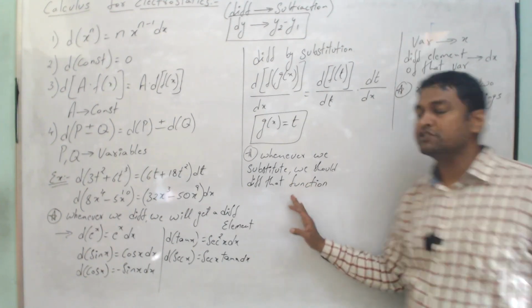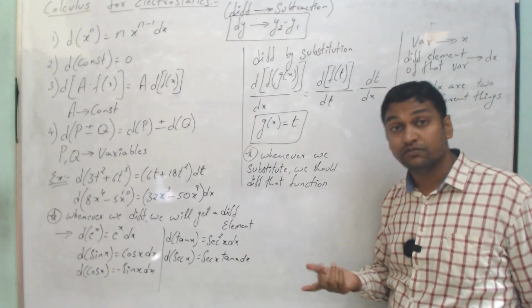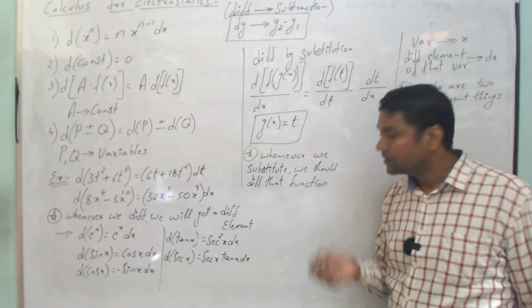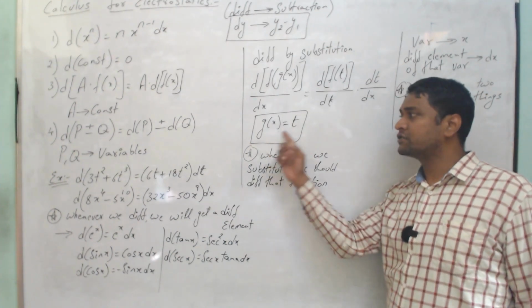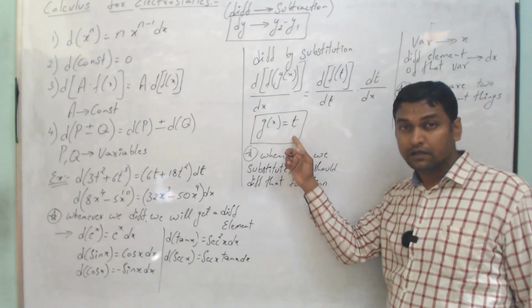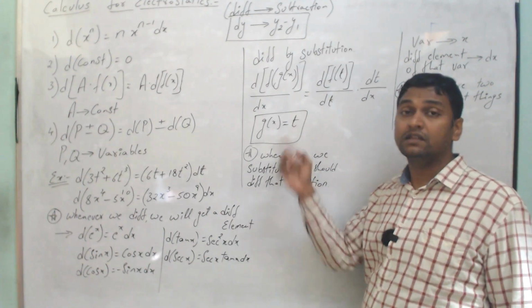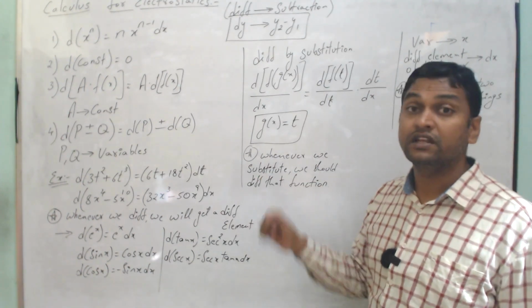Coming back to our original point, whenever we substitute, we should differentiate. The question was, why should I differentiate? Because when I substituted, I introduced a new variable t. If I know the variable t, then I should also know the differential element dt.